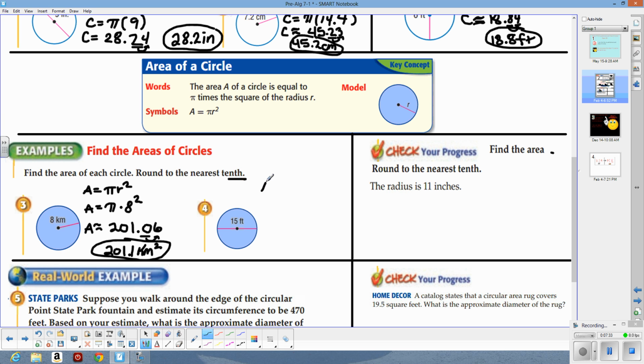All right, our next example, area equals pi r squared. This time though, they gave us the diameter, so we'd want to find the radius, which is halfway across. It's going to be 7.5 feet. So area is equal to pi times 7.5 squared. Then you're going to go ahead and type that in your calculator. Pi times 7.5 squared.